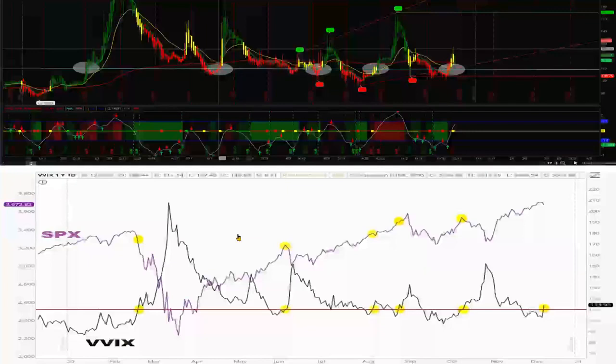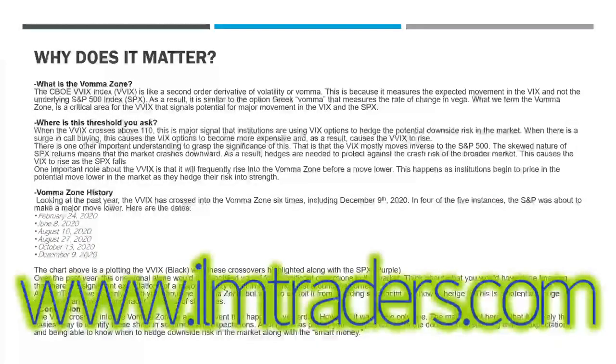So basically, this is a chart. What I will do in parallel is have the chart up and we'll go through the definitions one by one. This is a chart of both SPX and VVIX. If we go to the next slide, what is Vomma and why does Vomma matter?